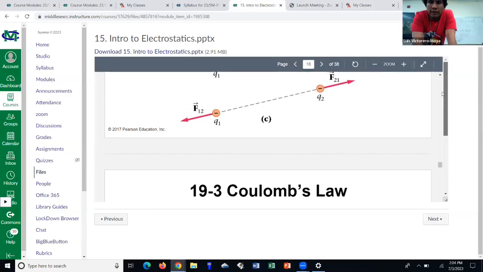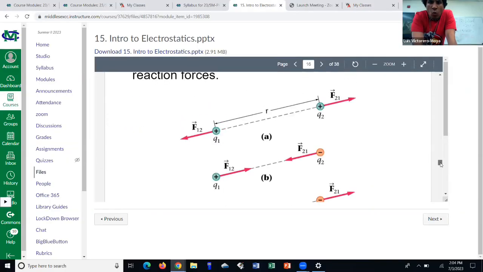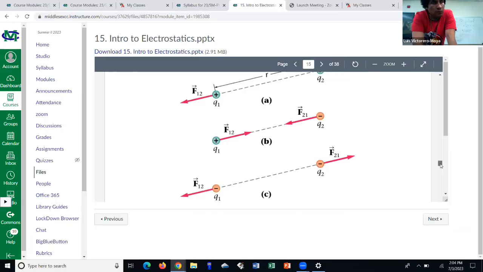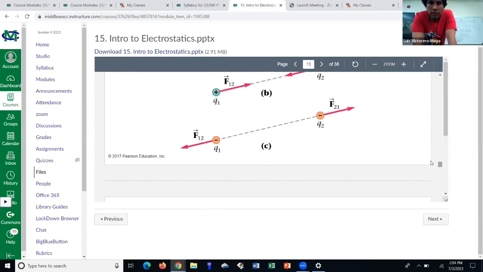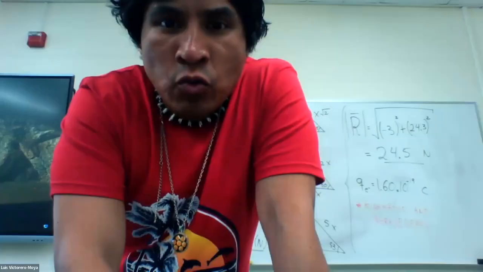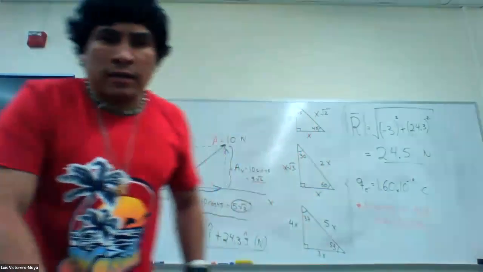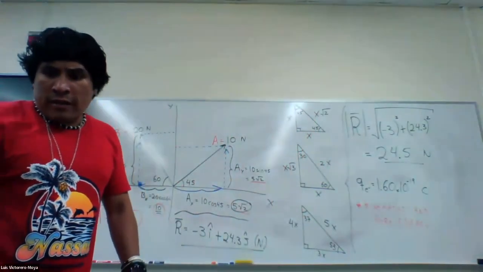What I'm going to do is, first, we're going to do problems in 1 dimension, like this. And then we will do problems in 2 dimensions before we introduce electric fields. All right. So when I do the problem, if you have any questions, please feel free to ask. All right. So that's good there.